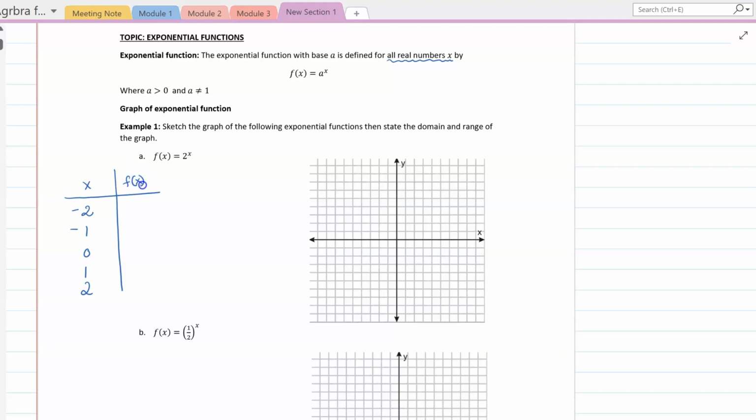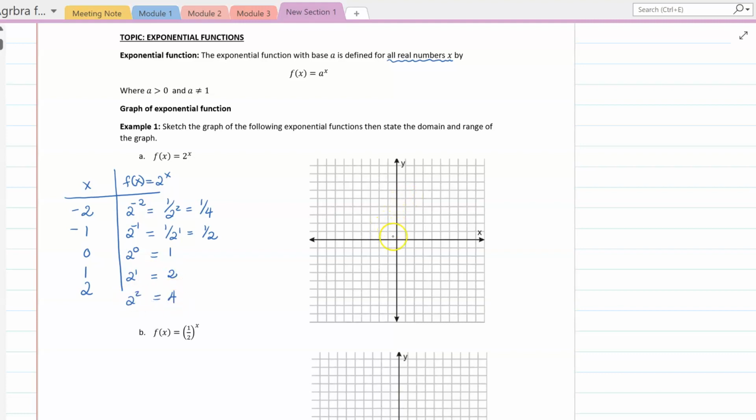Then f of x equals 2 to the x, so 2 to the -2 equals 1 over 2 squared, which is 1/4. 2 to the -1 equals 1 over 2 to the first, that is 1/2. 2 to the 0 equals 1, 2 to the first equals 2, 2 to the second equals 4.